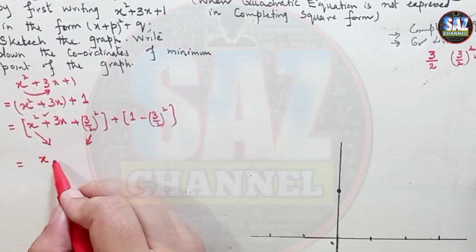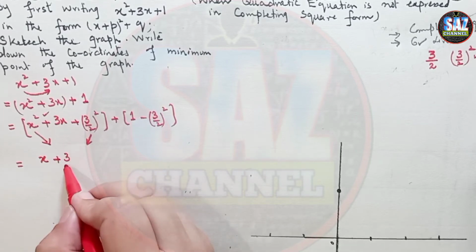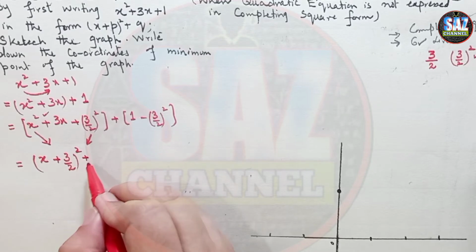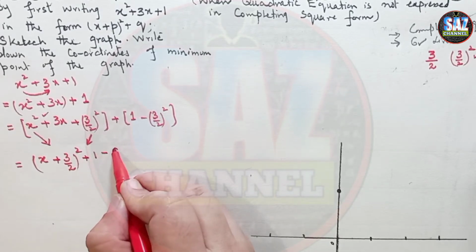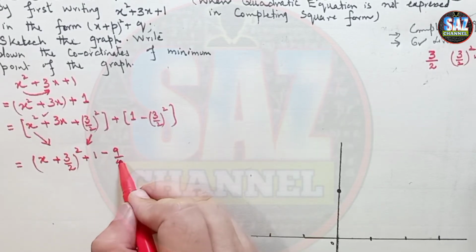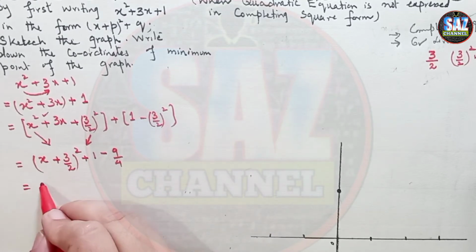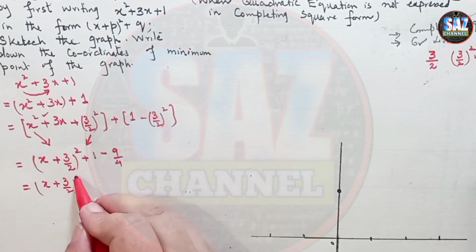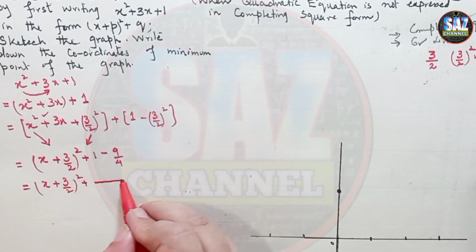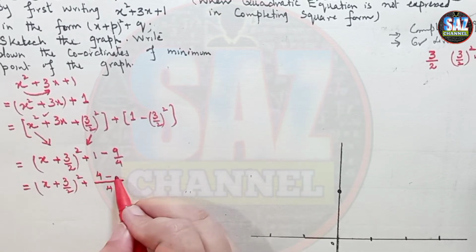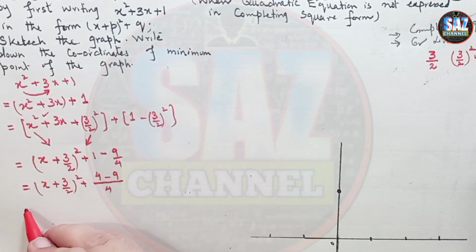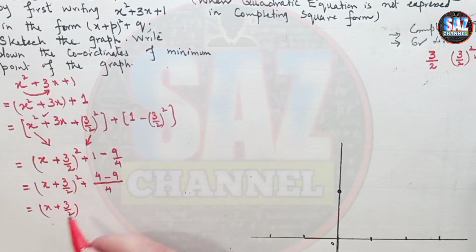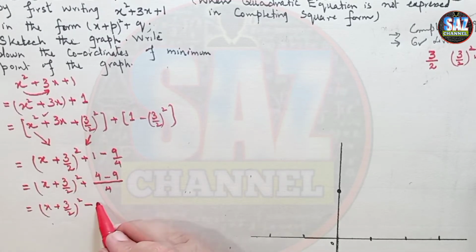So it will take the form (x plus 3 by 2) whole square, and then plus 1 minus 9 by 4, since 3 square is 9. Taking the LCM, 4 minus 9, this is (x plus 3 by 2) whole square minus 5 by 4.